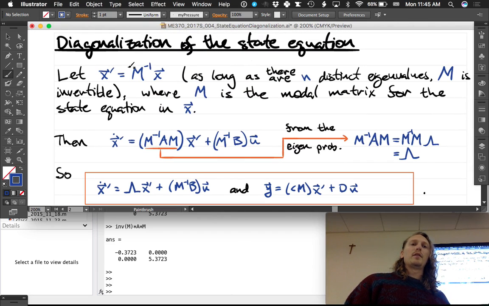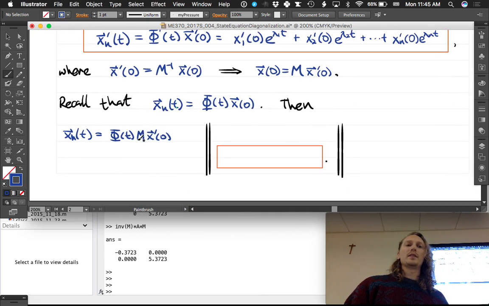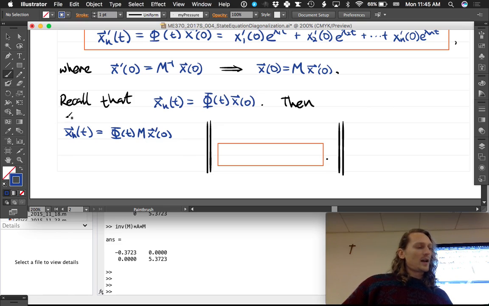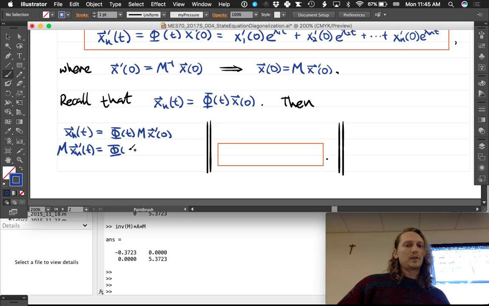We have this relationship, right? So we can use that on the left-hand side. And we can say that m x homogeneous prime of t equals, same thing on the right-hand side, phi of t, m x prime of 0.